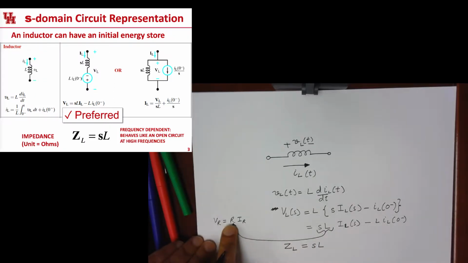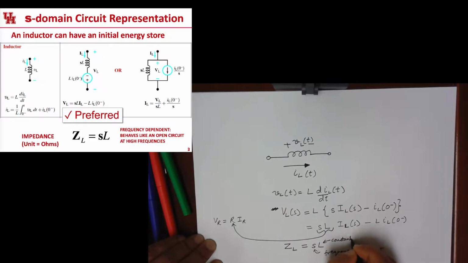Now, unlike the resistance, Z_L is frequency dependent, and of course L is considered to be a constant. Once we have an inductor, we're assuming that it just stays wired.